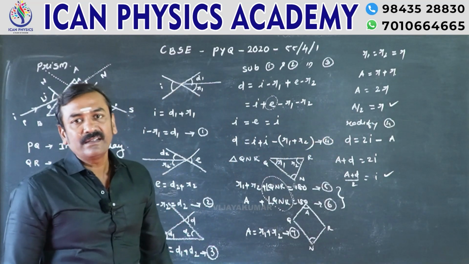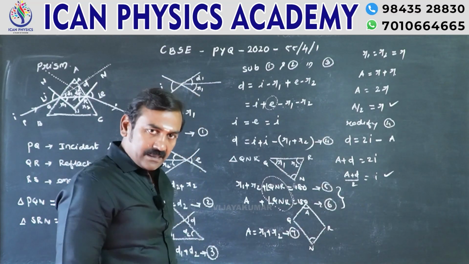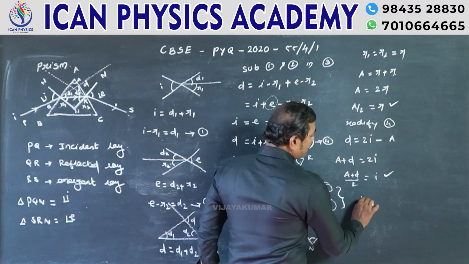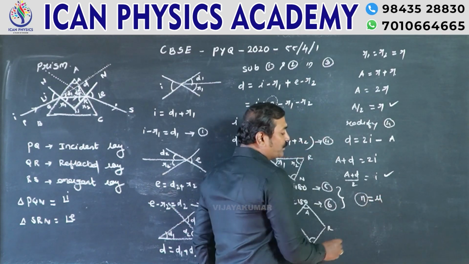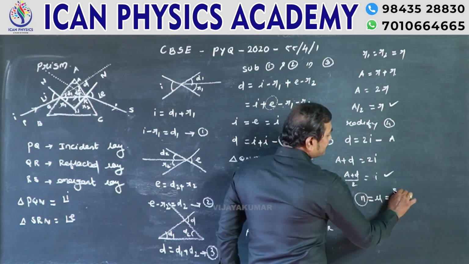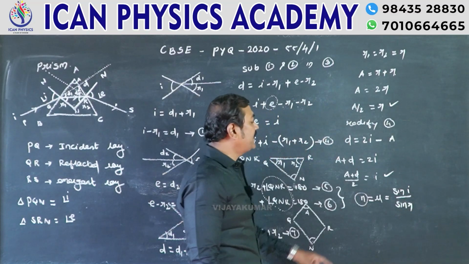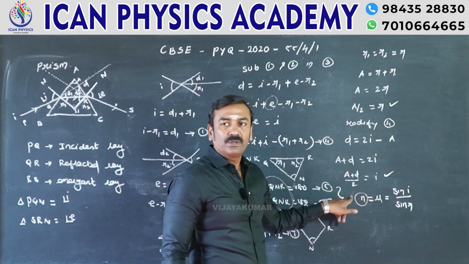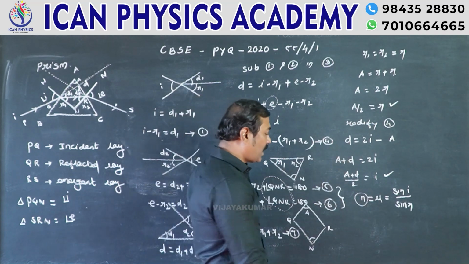So from that we can write, what can we write? Snell's law. What is Snell's law? The refractive index, which can be taken as mu, equals sin I by sin r. So what is sin I? A plus D by 2. So this formula can be written in three different forms. How can we write it?